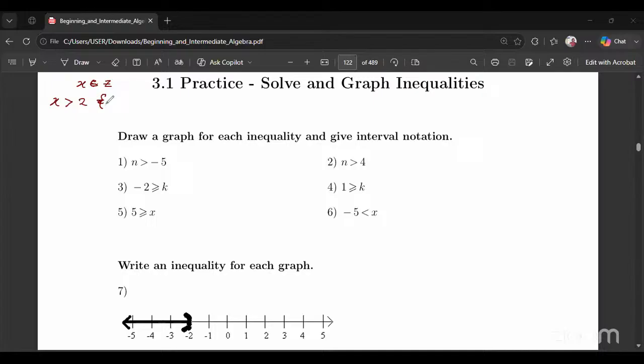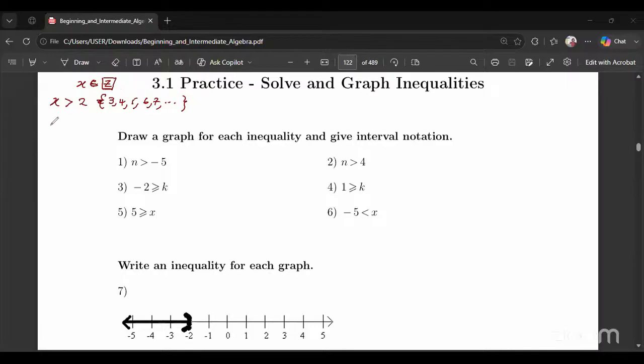Just like Mr. Chinonso said, 2 is not included because x is bigger than 2. So what is the next number after 2? That number is 3, 4, 5, 6, 7, and so on. These are the possible values of x when x is greater than 2 and x is an integer. Take note, integers are just positive and negative whole numbers, right?